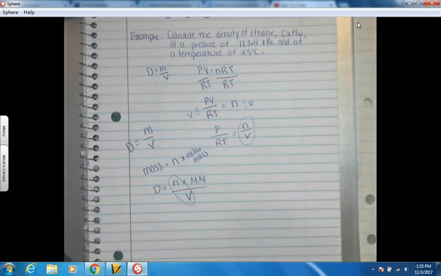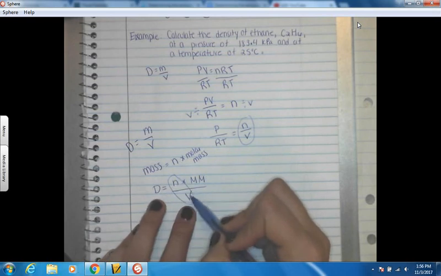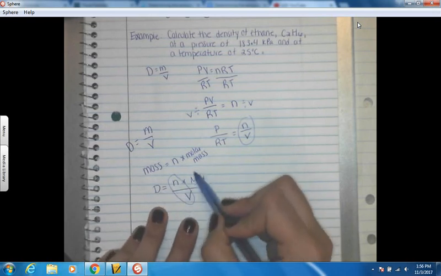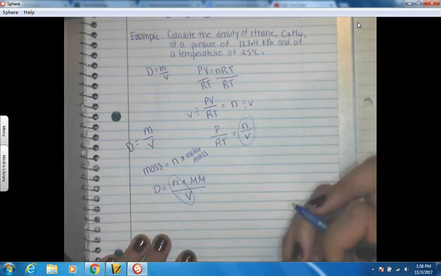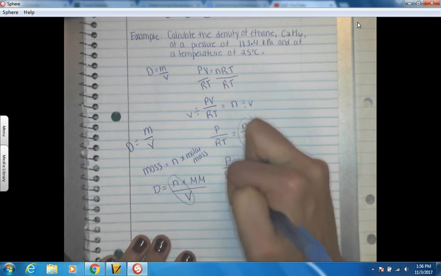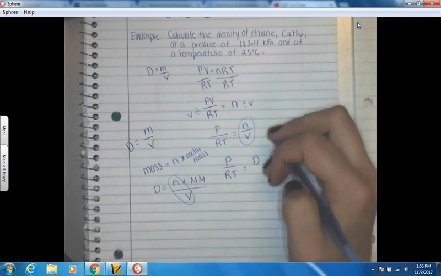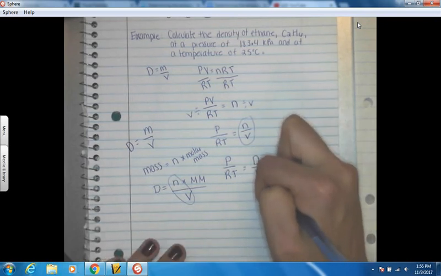To plug this into our equation, n over V is equal to density, but now we need to get the molar mass to the other side. Currently we have P over RT is equal to density over the molar mass.